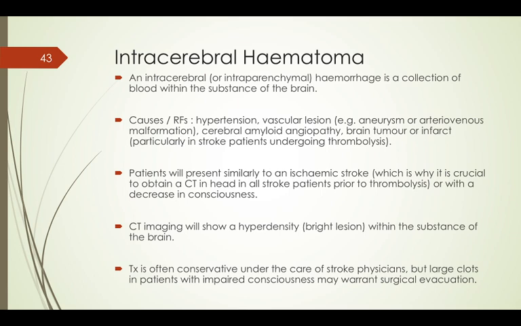Okay, so people with infarcts, why that's important is because post-thrombolysis for strokes, which we'll go on to in a little bit, this may result in a hematoma. So that's why if you are giving someone thrombolysis, it's important to do a CT head 12 to 24 hours after you give them thrombolysis, just to make sure there isn't a hematoma being formed in someone with an ischemic stroke.